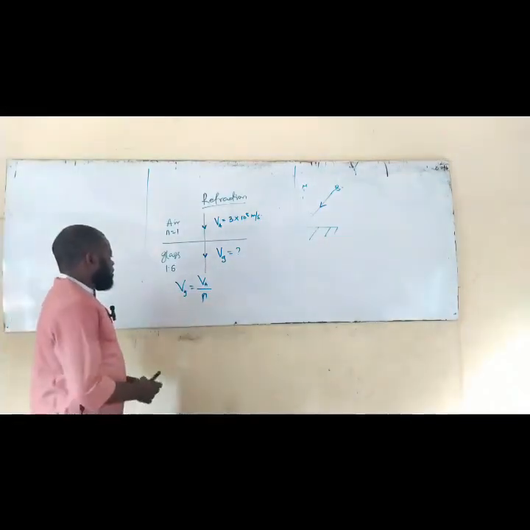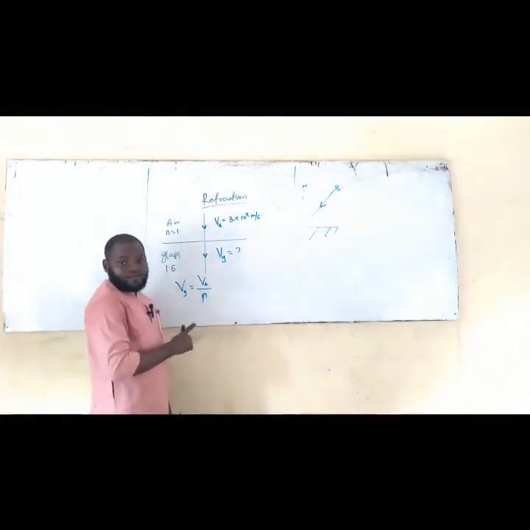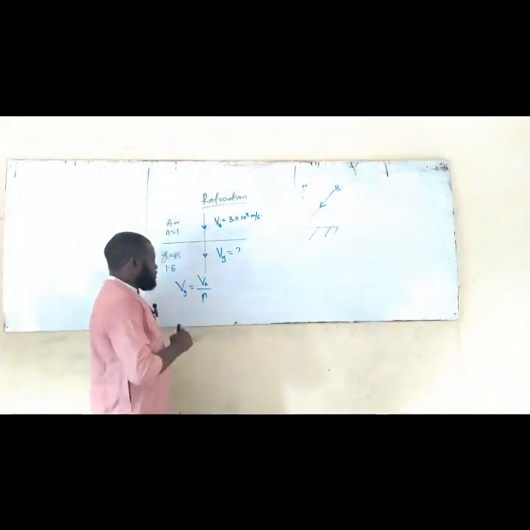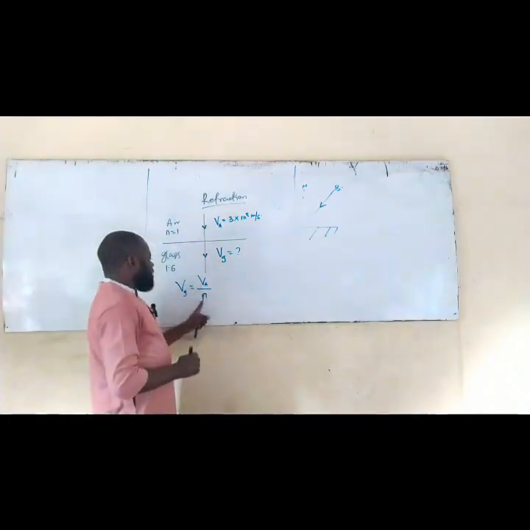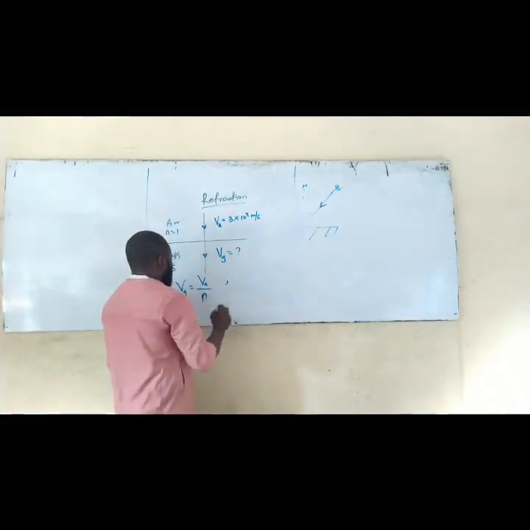Okay, so now there's a problem here. Listen. What's the problem? If you have VA over N, let me just give you directly.